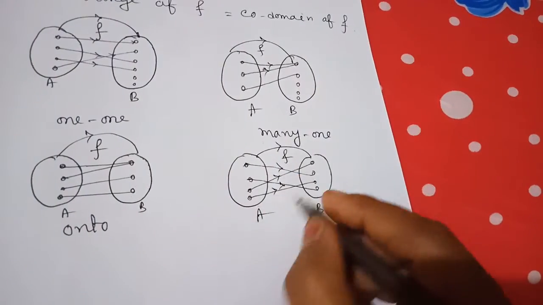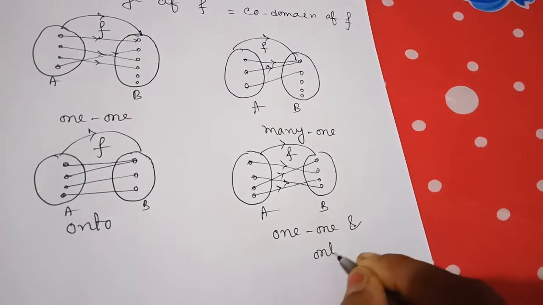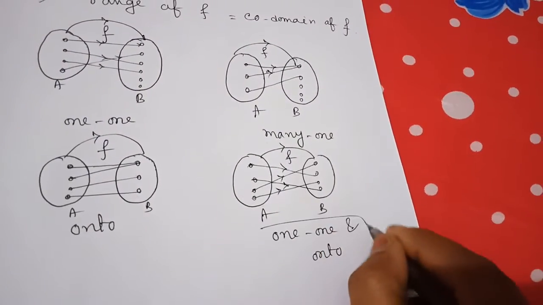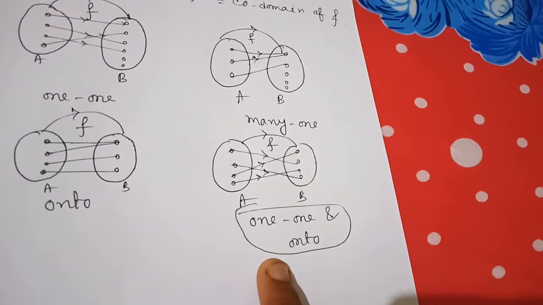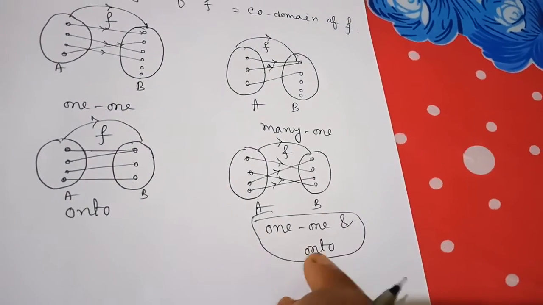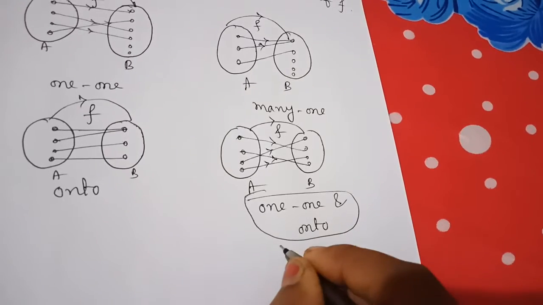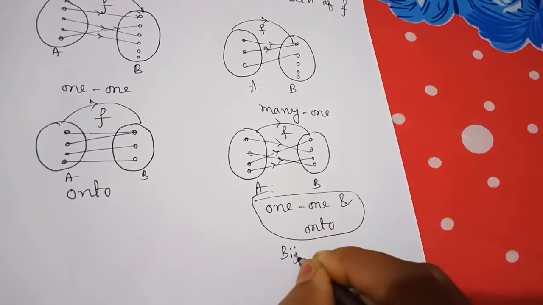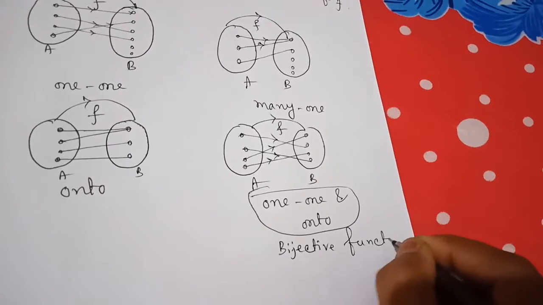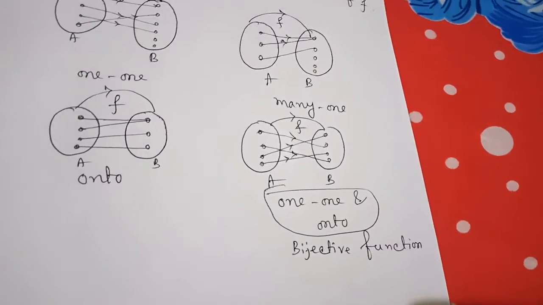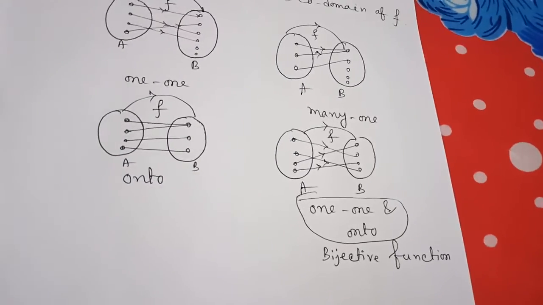That means this type is 1-1 and onto, and if both the function is 1-1 and onto simultaneously, then it is called a bijective function, or we call it a bijective mapping. Okay, a function can be called a mapping also.